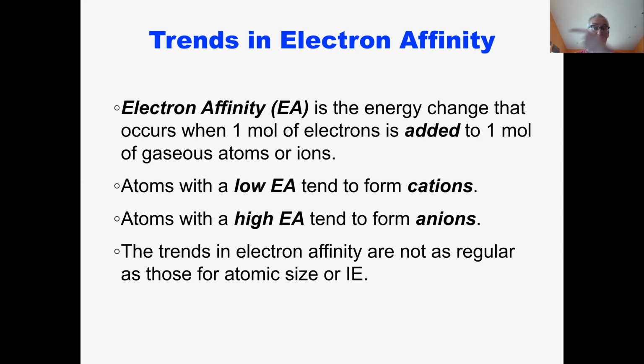But as you go across the periodic table, as I mentioned before, where the ionization energy goes higher and higher, where it's very difficult to pull an electron away, they want that electron. The electron affinity goes up as well. So it's like the ionization energy goes up because it's really, really hard to take an electron away.